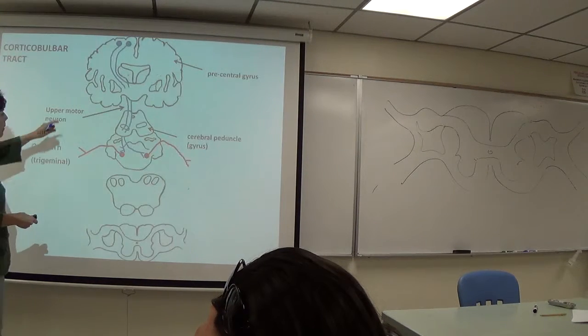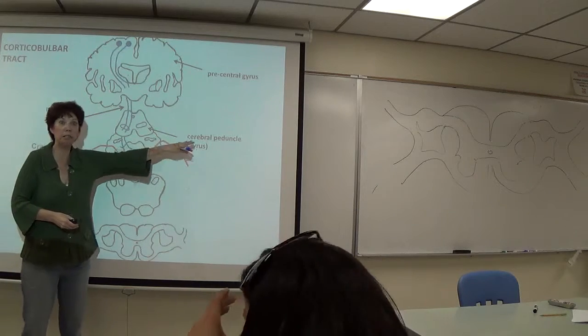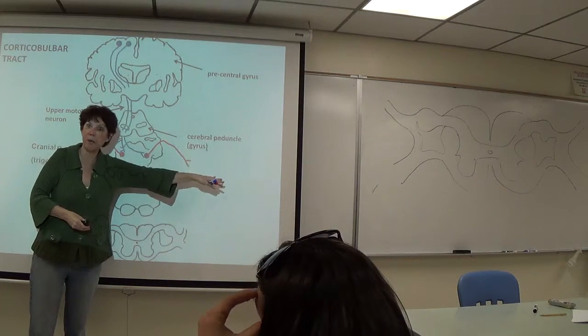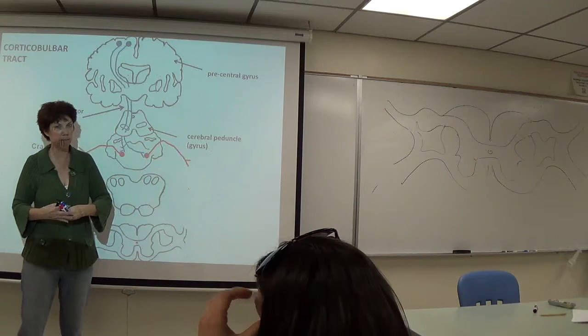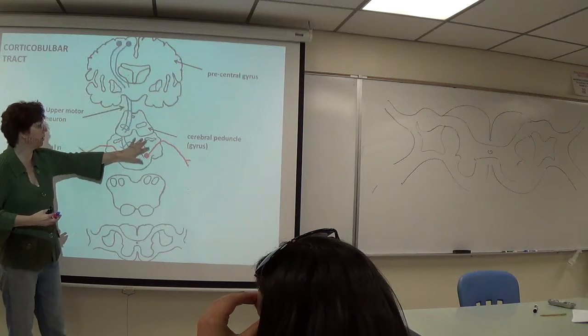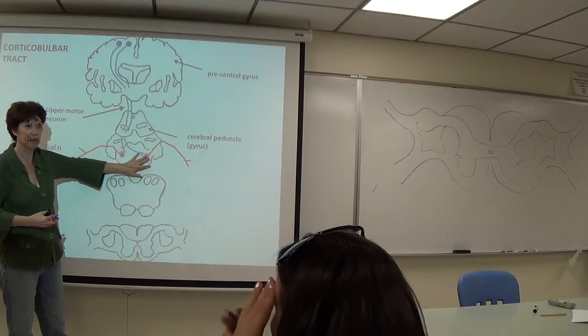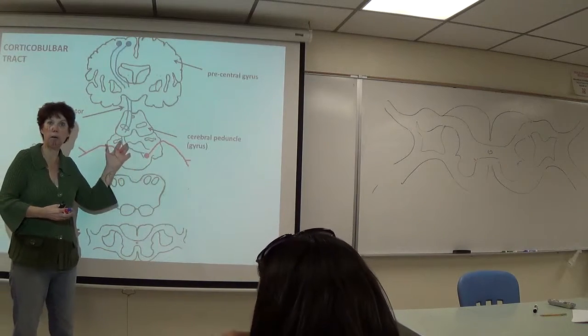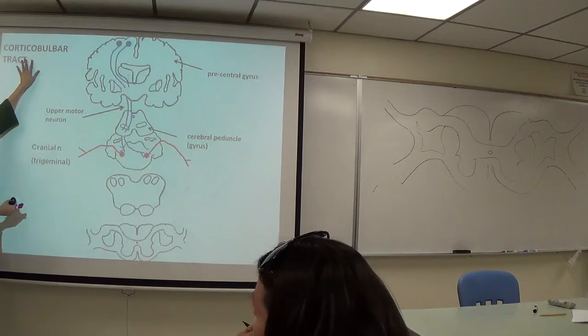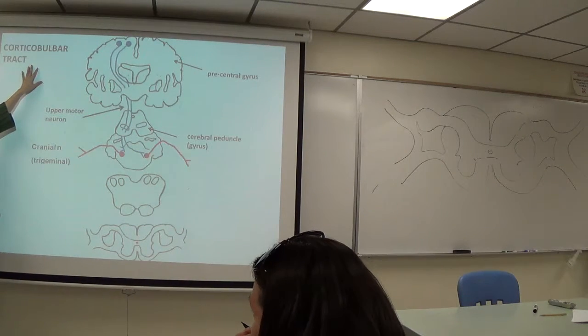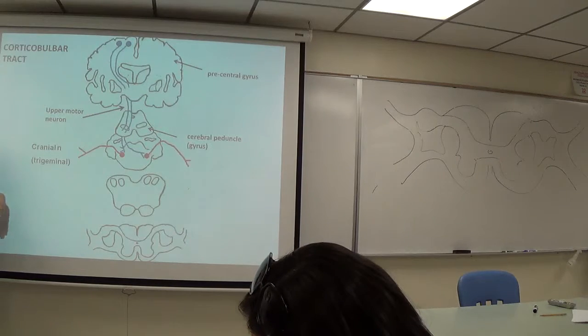But cortical bulbar means that the lower motor neurons are going into the cranial nerve. So, on the exam, if my diagram looks like this, and it's not showing my lower motor neuron coming out of the brainstem, you would recognize it as a cortical bulbar tract. How would you know it was motor?